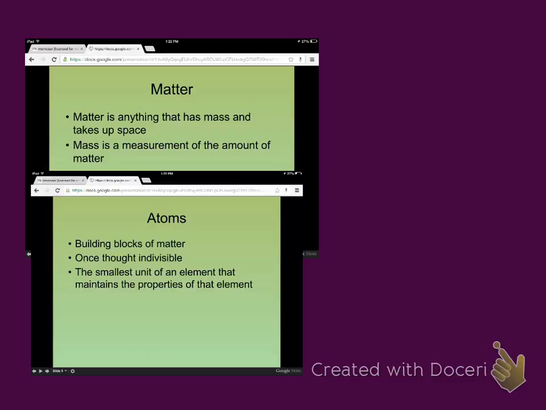So gold is an element, aluminum is an element. Aluminum is not an elephant, though you could make an elephant out of aluminum. Oxygen is an element. One single atom of any of those things contains all the properties of that thing.